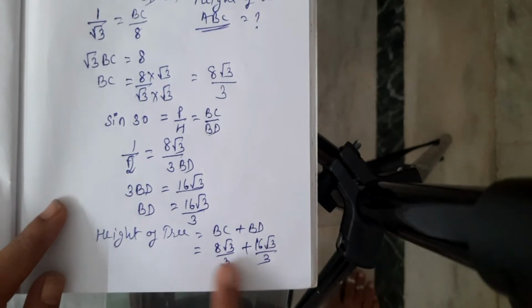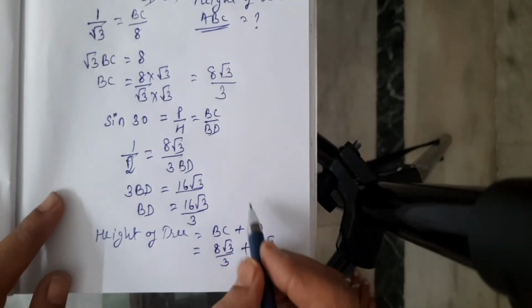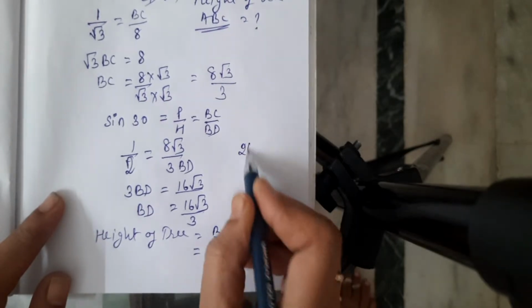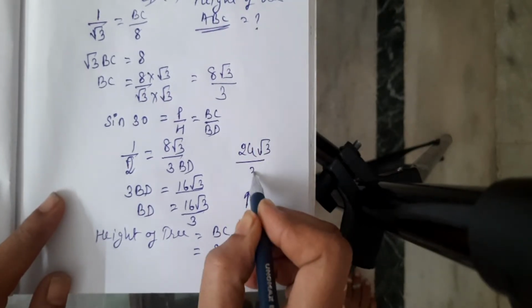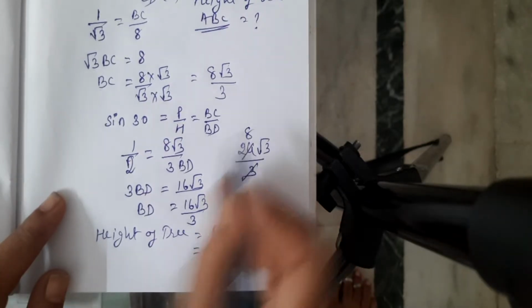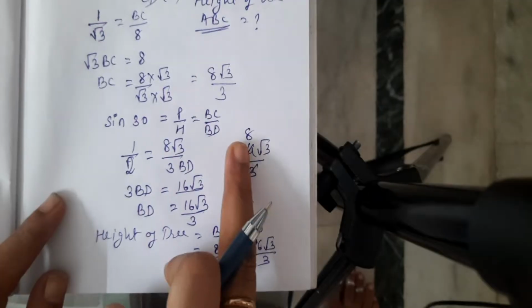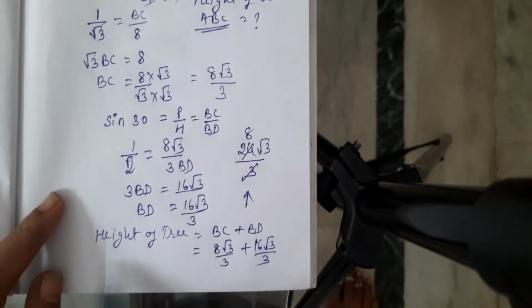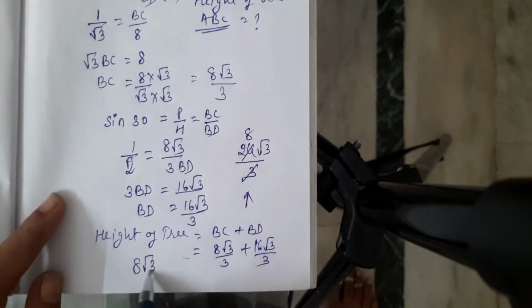Now we can add them together. 8 plus 16 is 24, so it is 24 root 3 upon 3. Now 3 8s are 24, so finally we got 8 root 3. So the height of the tree is 8 root 3 meter.